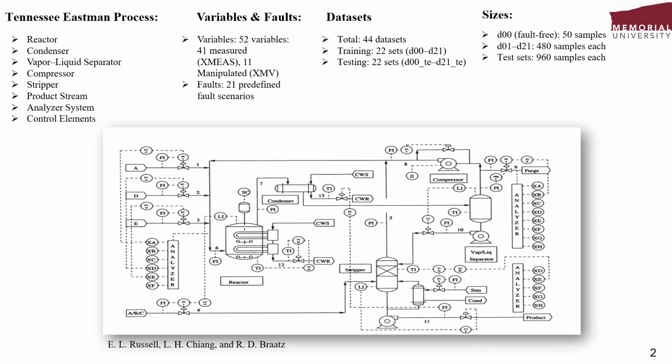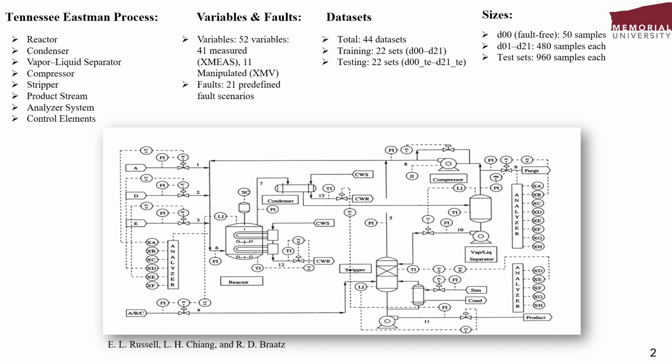For faults, we have 21 fault scenarios ranging from step changes in feed composition to sensor bias and actuator malfunctions, covering both slow drifts and abrupt disturbances.